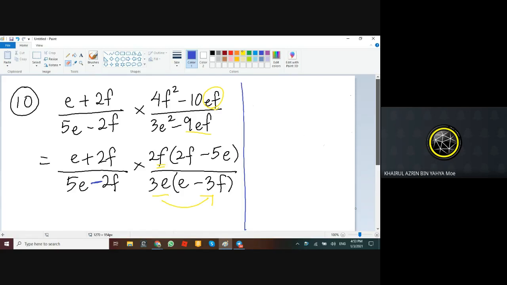Okay, so like this. How we want to eliminate this one? I use purple. Okay, this is 5E. This is 5E minus 2F. This is 2F minus 5E, just backward.